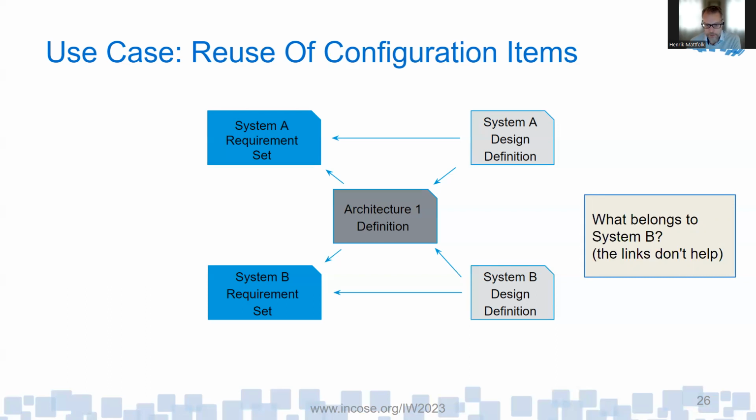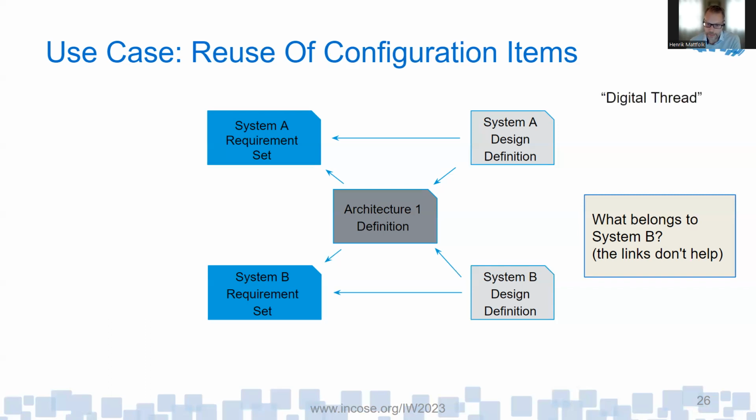If we just stare at the links, that's going to be a little bit confusing. I can see that system B is using that architecture, jump to the architecture. Now it's pointing to two different requirement sets, which ones apply and so on. So these reused items become a bit of a confounder for the configurations.